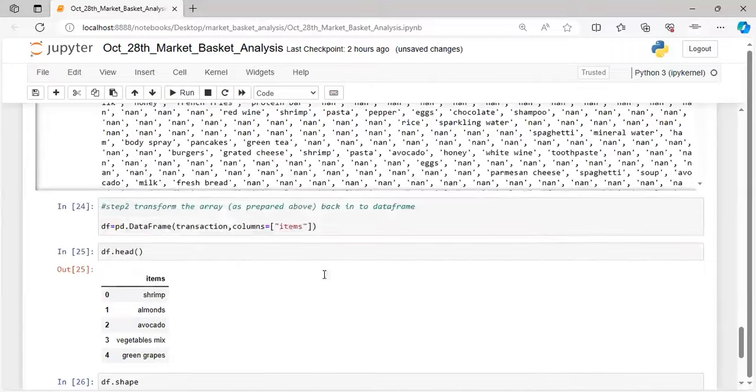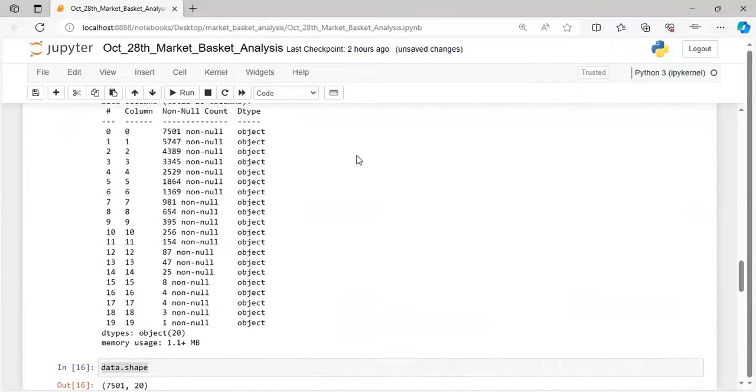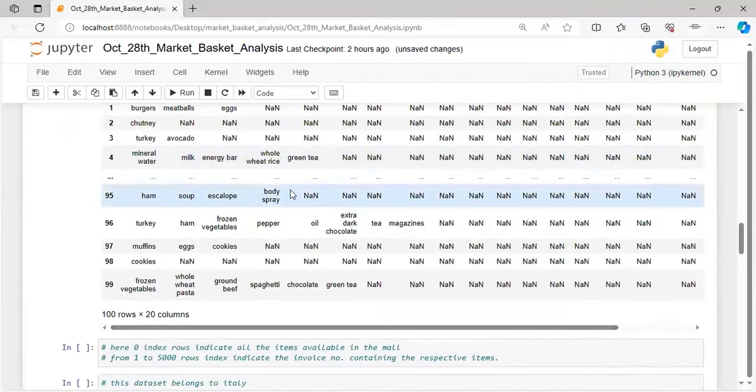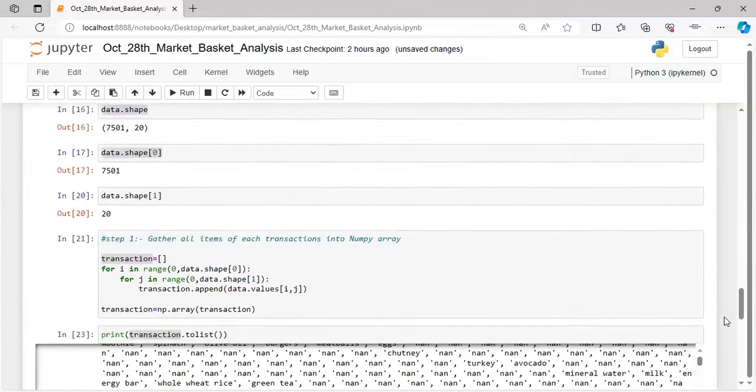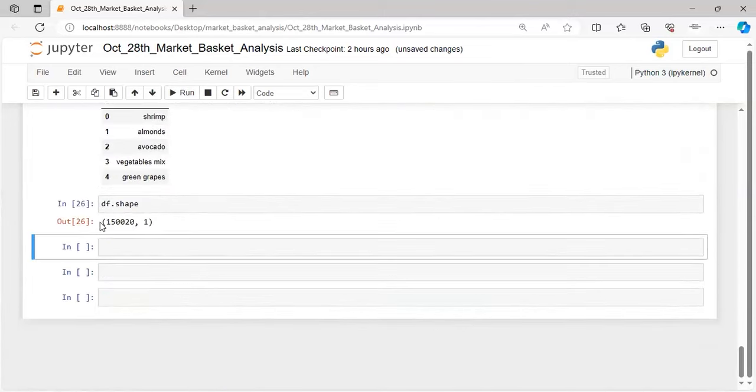Even if you count these items one by one, body spray, frozen vegetables, 1, 2, 3, 4, 5, 6, 7, 8, it will be total 1,50,020. So these items have been purchased this many times.